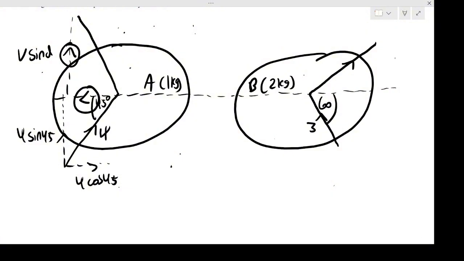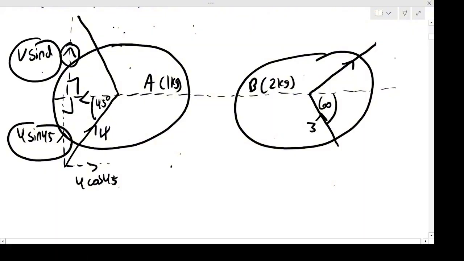Now, the second thing to note is that the perpendicular parts, perpendicular to the line of centres, are going to be these two components here, right? The v sine alpha and 4 sine 45 are perpendicular. Again, hopefully you can see it, because they're at right angles to the line of centres.